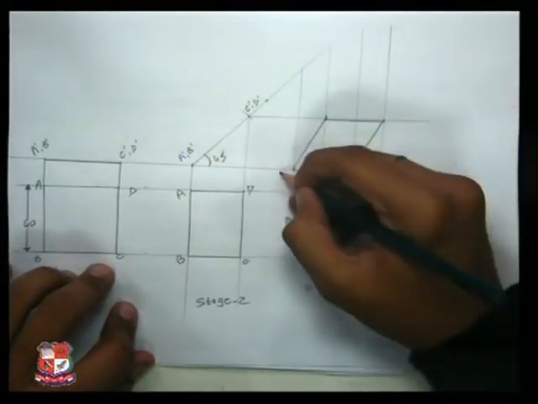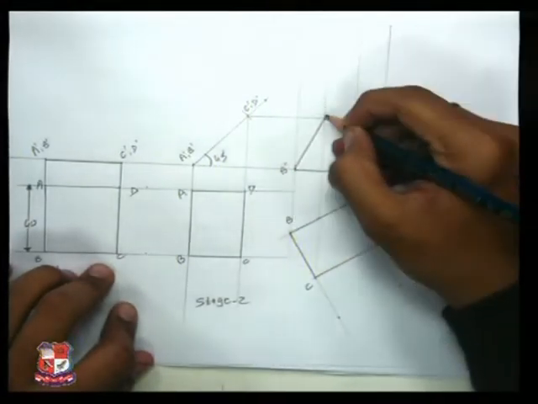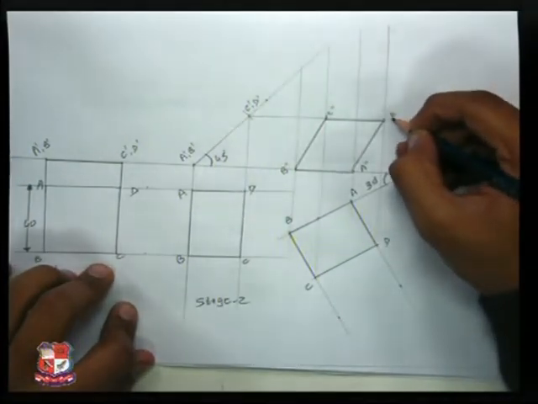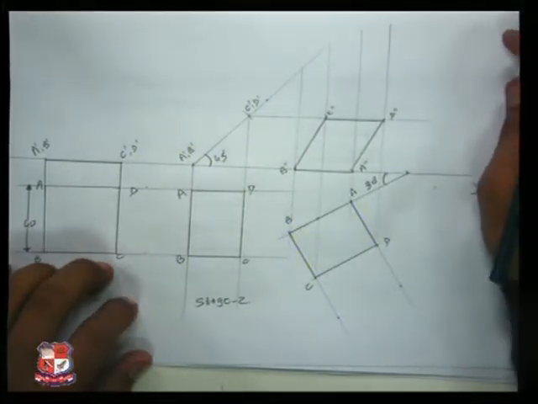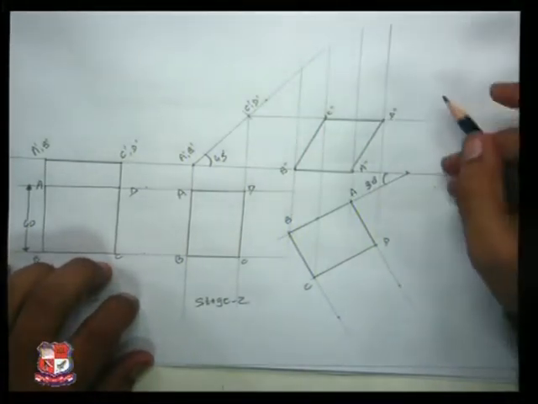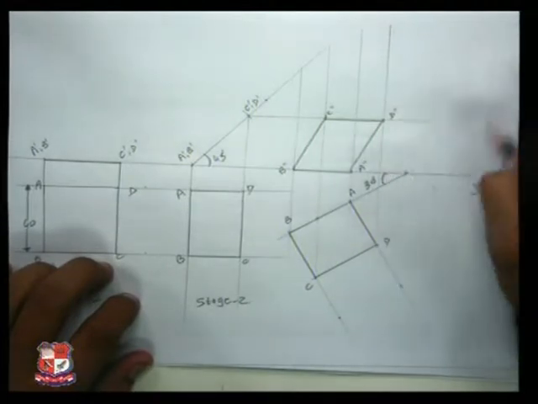Can give name as A double dash, B double dash, C double dash and D double dash. So this is how you can get final output as projections of plane.